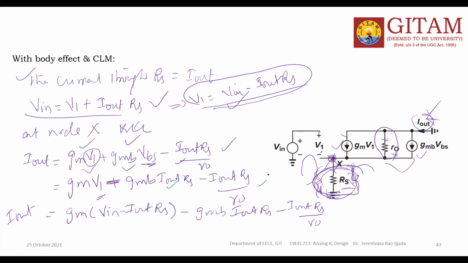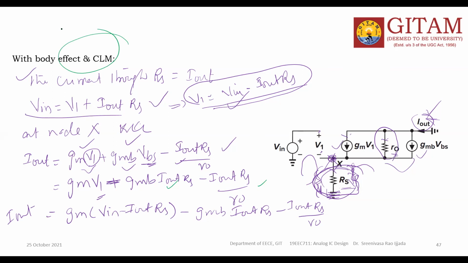And third, then you can separate the Iout terms and input terms, because the final job is to find the capital GM of the circuit, including the body effect and channel length modulation. Earlier, the GM equation we derived was a very simple equation, that is, GM is equal to gm by 1 plus gm into Rs.